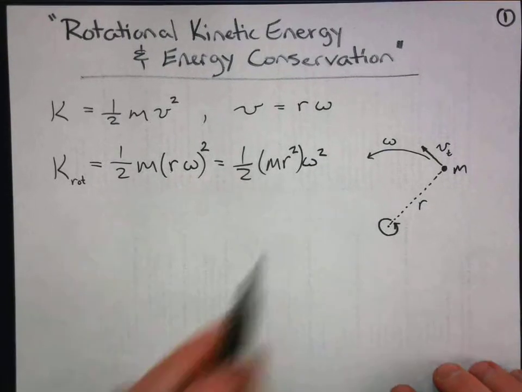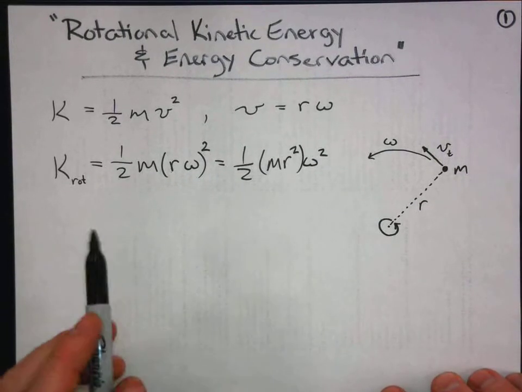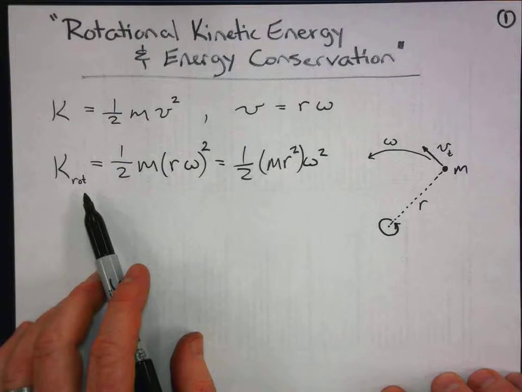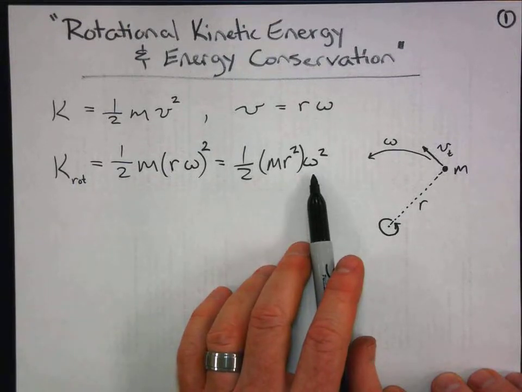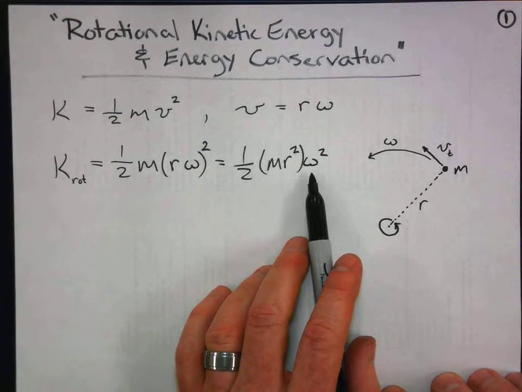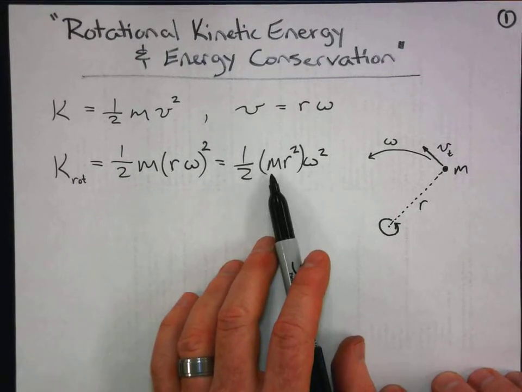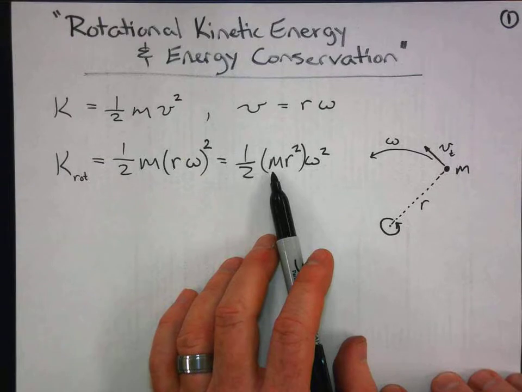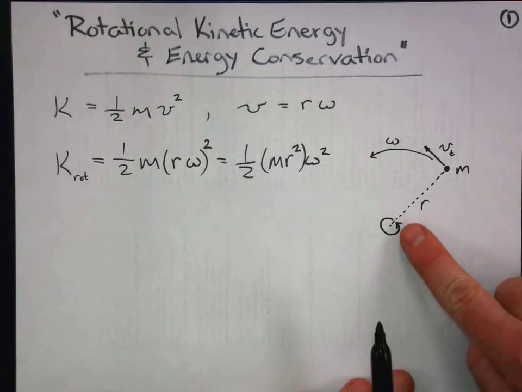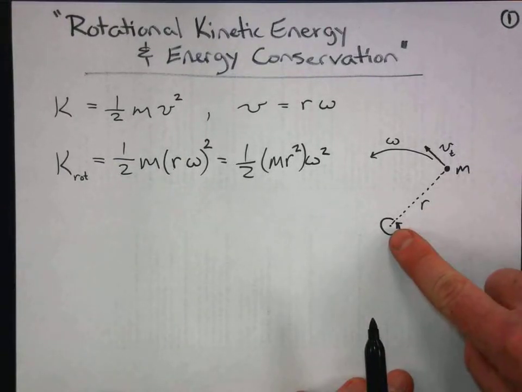So we can see a couple things. First of all, the kinetic energy of rotation depends on the angular speed, but it also depends on the distribution of the mass. So not only the amount of mass, but where that mass is located. Here we designate that the mass is located a distance r away from an axis of rotation.